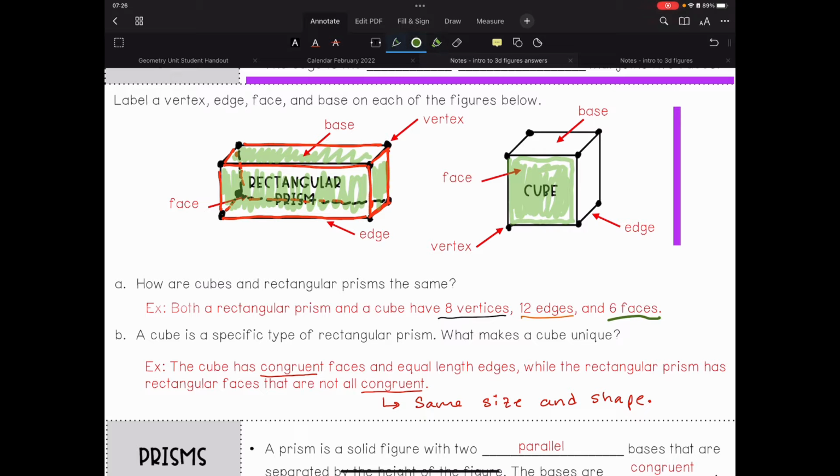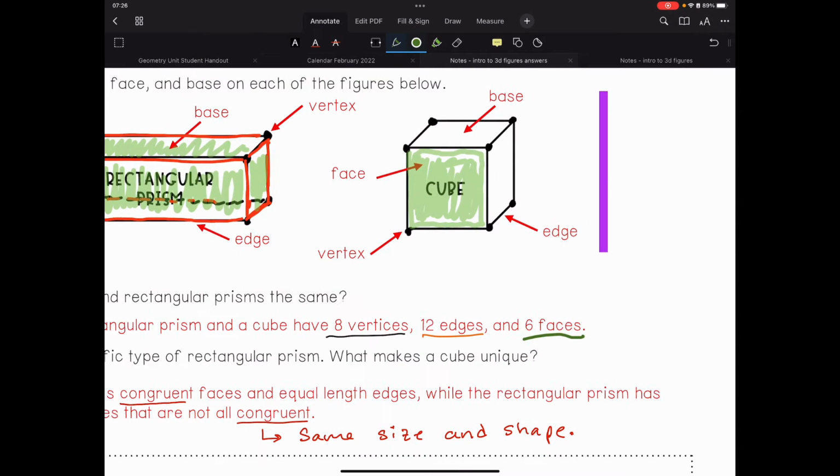I'll list them out. Might be easier that way. So there's a front to the cube. And in the cube, if there's a front, there's a back side. So we know there's 2 faces there. There's the left and right.